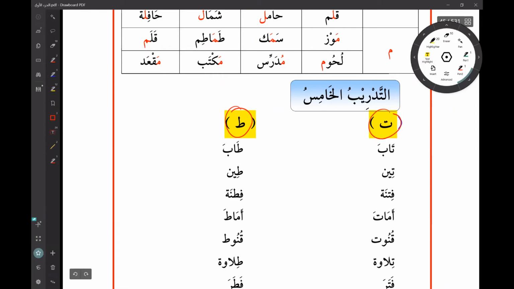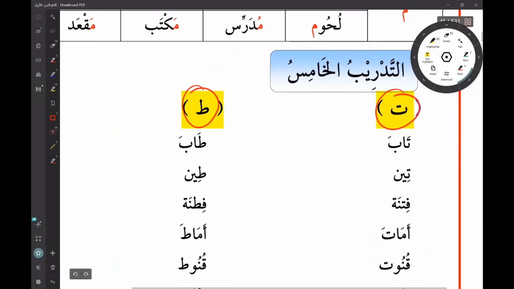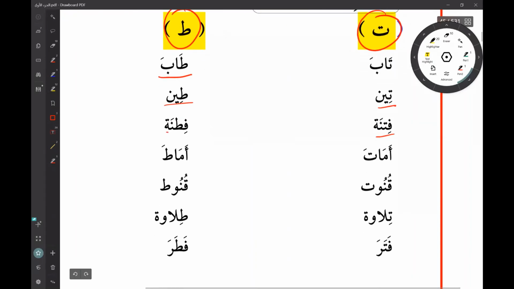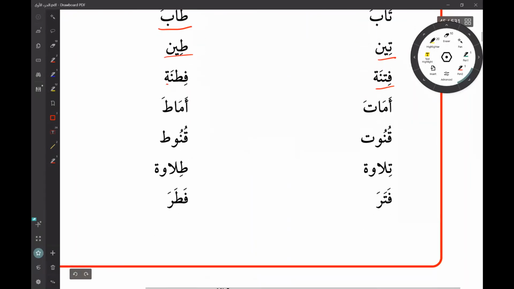Here basically they have two different similar sounding letters, ta and ta, right? If you don't know, you need to understand the difference. For example, here, taba is going to be taba. Teen, teen. Fitna, fitna. Okay? Something that you can practice yourself.